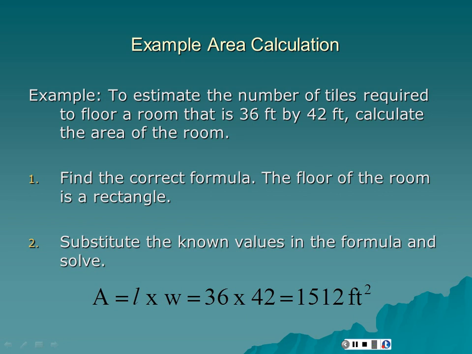So we have L and W, and we know L should be, let's say, 36 and W should be 42. It doesn't matter which order you assume, because somebody might think L is 42 and W is 36, but at the end you are multiplying both numbers, so you will get the same answer. And the answer is 1512 feet square. Make sure you always remember the unit, which will always be some square.